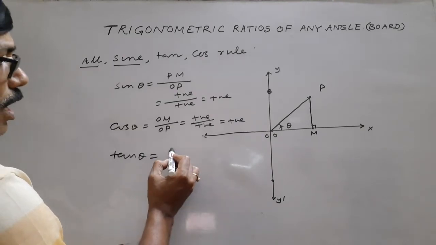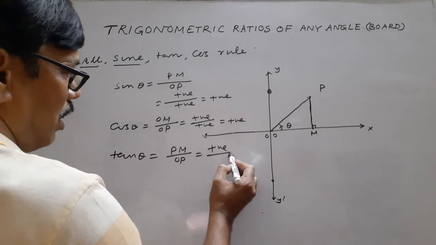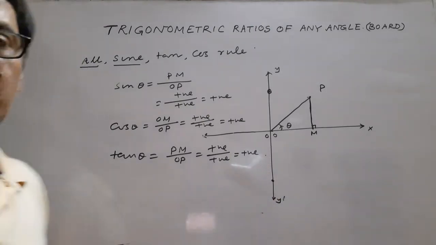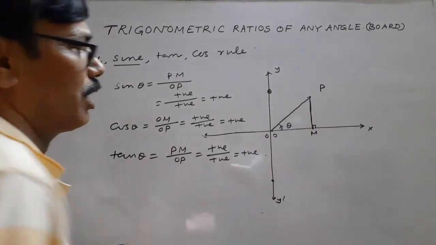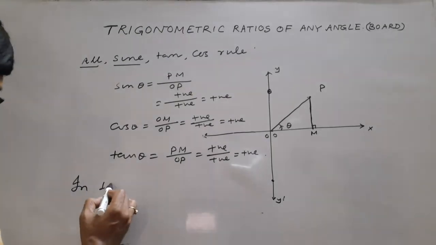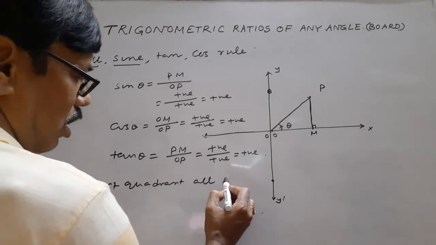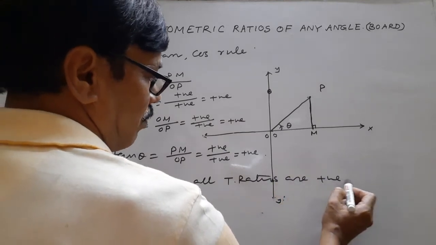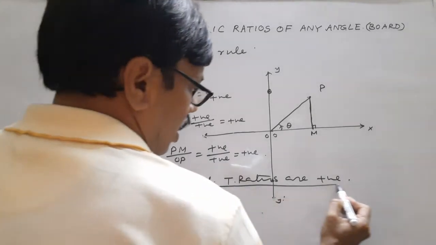Tan theta, PM by OM, so positive by positive equals positive. So the reciprocals are also positive. So all trigonometric ratios are positive in the first quadrant. All T ratios are positive. So that is why it is 'All'.